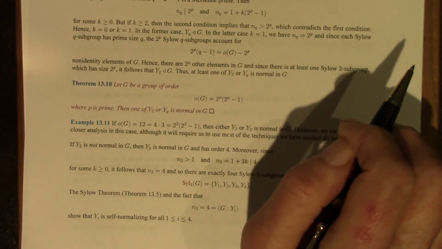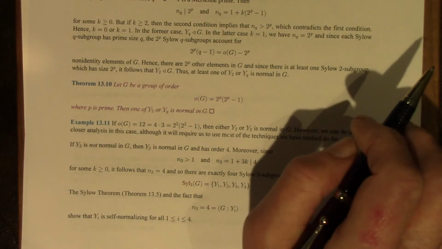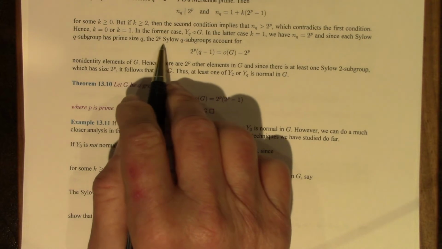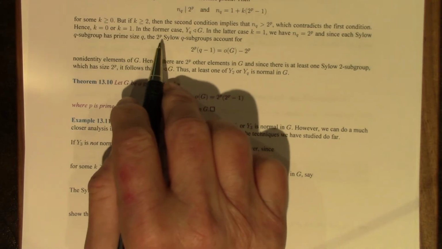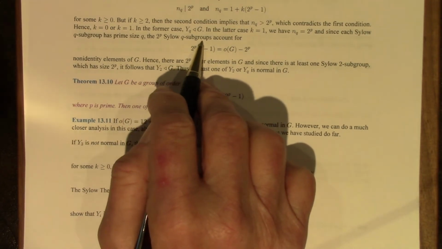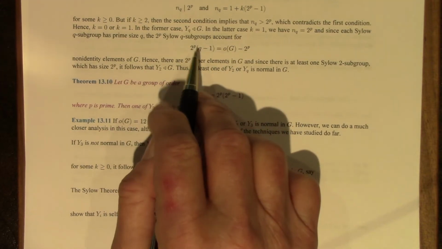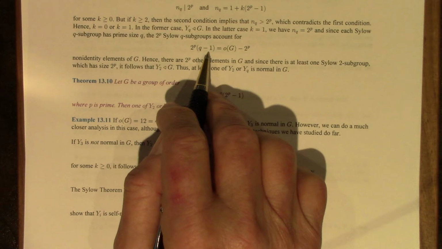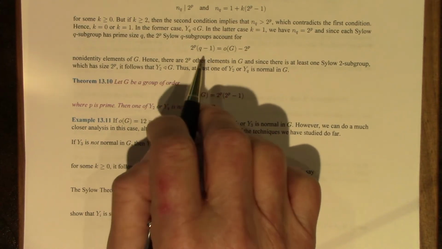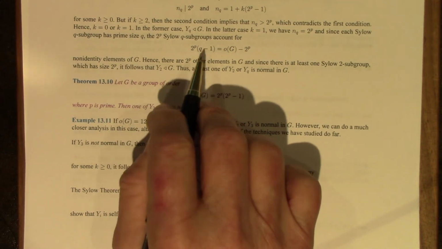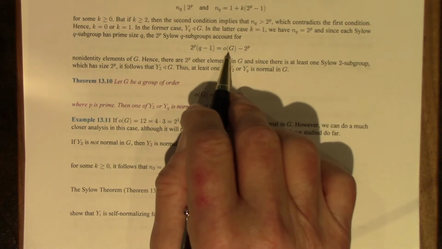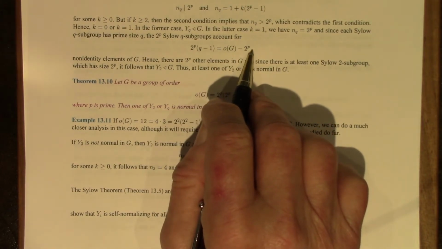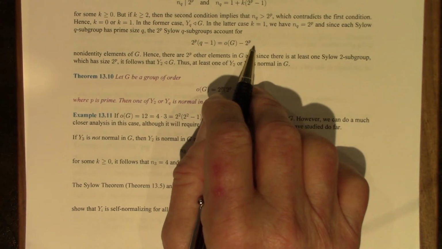And since each Sylow Q subgroup has prime size Q, the 2 to the p Sylow Q subgroups account for this many subgroups times this many elements of order Q, equal to the order of G minus 2 to the p non-identity elements.